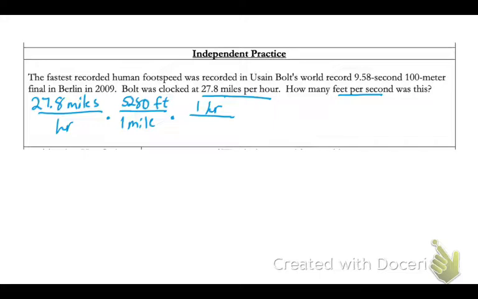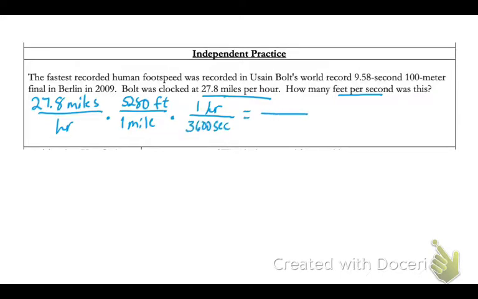Now let's convert our time. So I've done something where I'm going to jump right from hours to seconds. So I know that there are 60 seconds in a minute and 60 minutes in an hour. So if I multiply those two together, I can get how many seconds there are in 1 hour, which is 3,600.